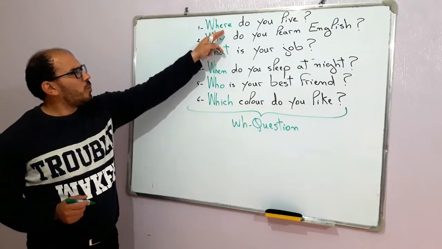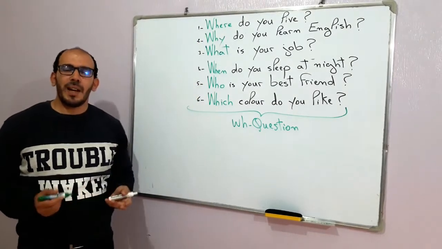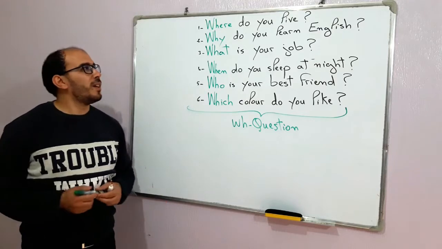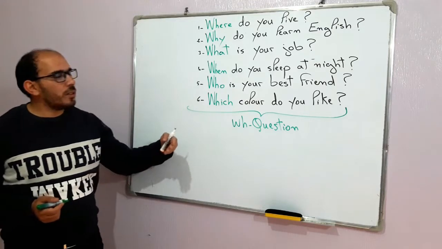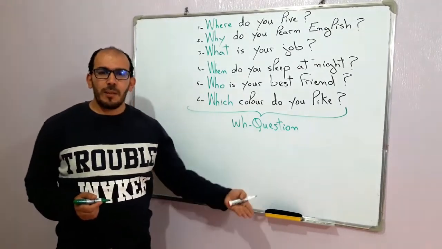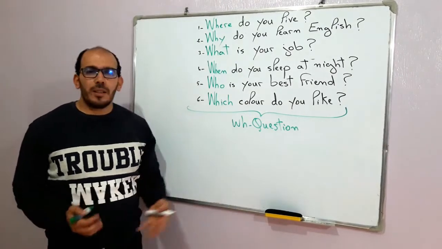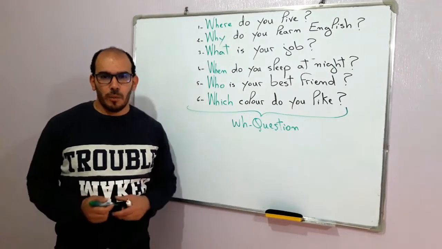So number one, we have where do you live? So when I ask you where do you live, this means I am asking you for your address, to tell me about your address. And when I say your address, it means the place where you live.